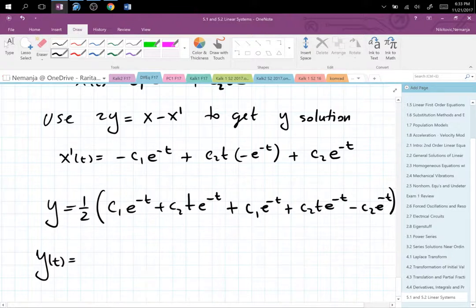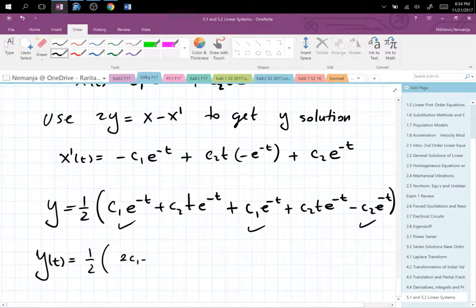Y of t, well, we're not done yet because we have to simplify now. We have the terms that have t e to the negative t, and we have the terms that do not have t e to the negative t. So we start with 1/2. And I will combine these terms because these terms have only e to the negative t. Now, when you look at their coefficients, it's 2c1 minus c2.